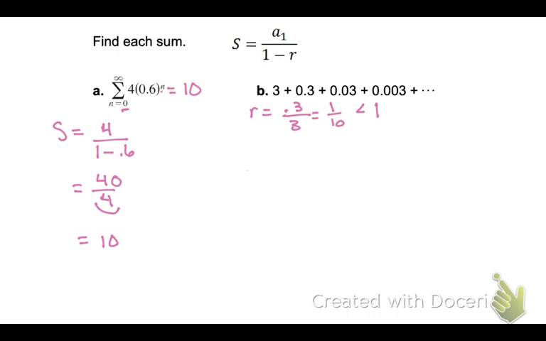So S equals a sub 1, 3 over 1 minus... do you want to put 0.1 or 1/10? 0.1. Okay, so that's 3 over 0.9. So move the decimal once and add a 0. So 10 over 3.